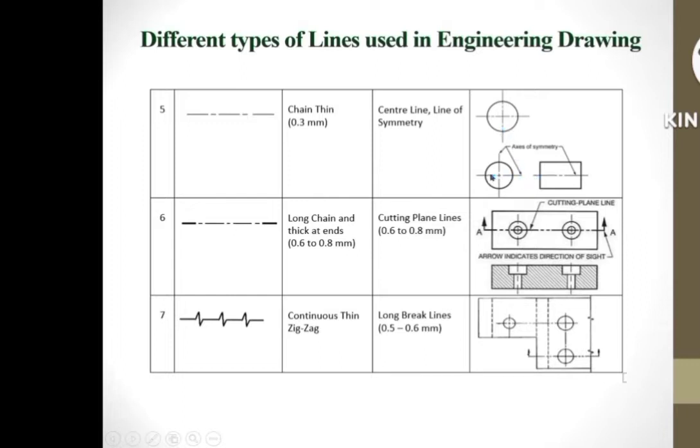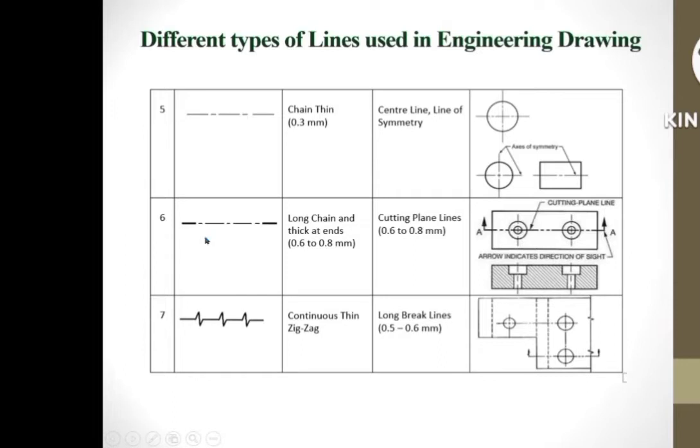Then again, in this diagram, we have a cylindrical part which looks like a rectangle in front view and a circle in side view. So we have drawn the axis of symmetry here by using chain thin line.